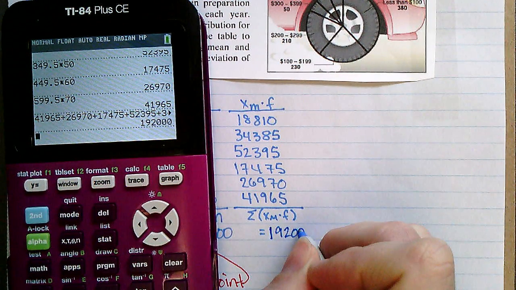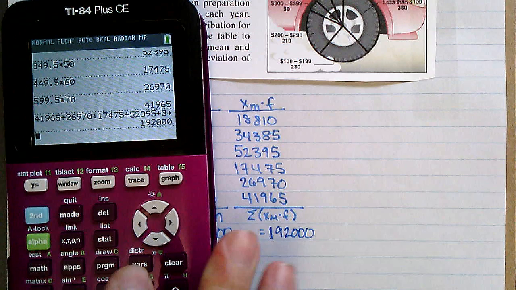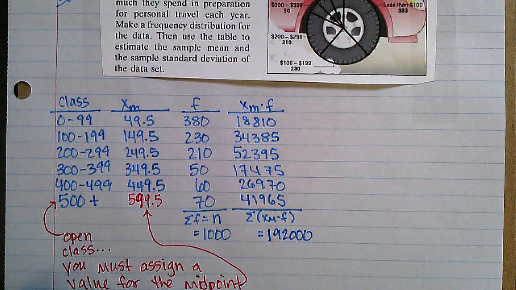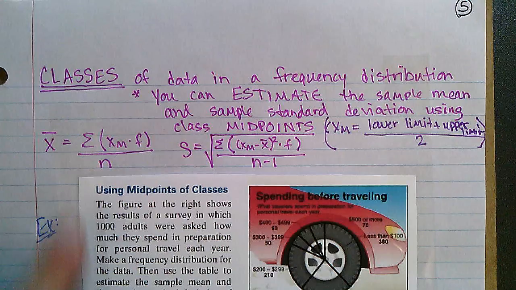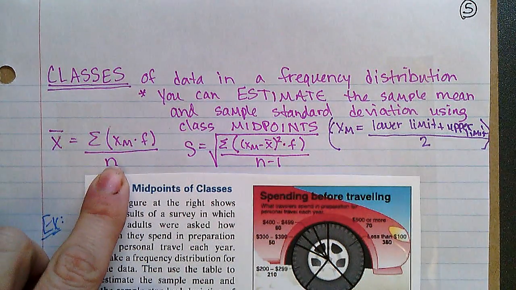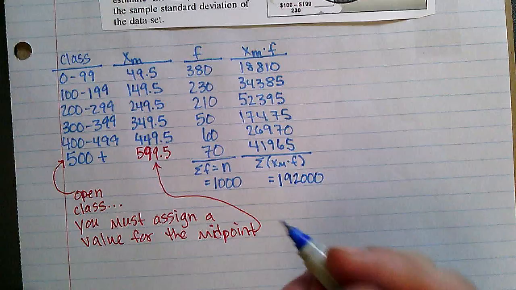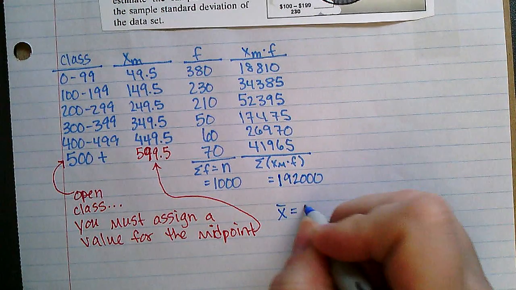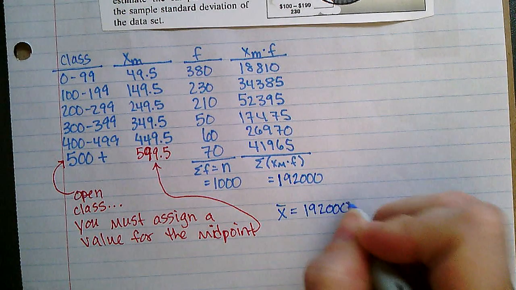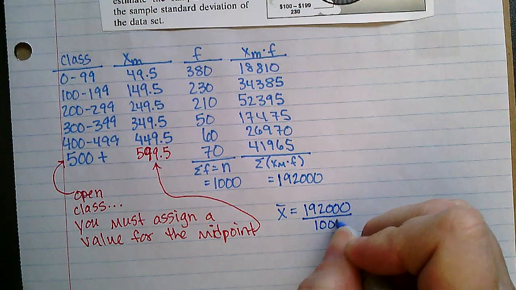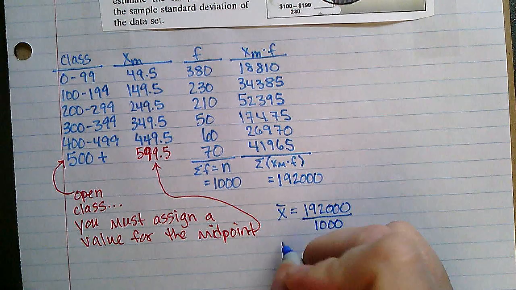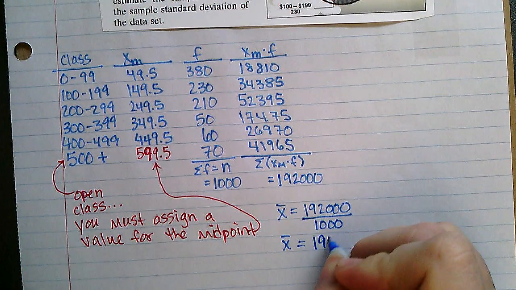I get 192,000. That helps me figure out my mean, because it's adding those up and dividing by n, which was our sample size. So x bar will be 192,000 divided by the sample size of 1,000. So our mean is 192.